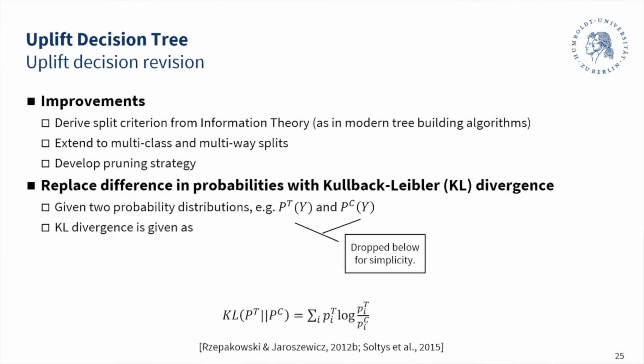This was further improved to a new criterion that uses the Kullback-Leibler divergence as a way to quantify the difference in distribution among treatment and control group people. And then you want to grow a tree that maximizes this difference, that finds splits where in one branch you only have the control people and in the other branch you have the treated people.